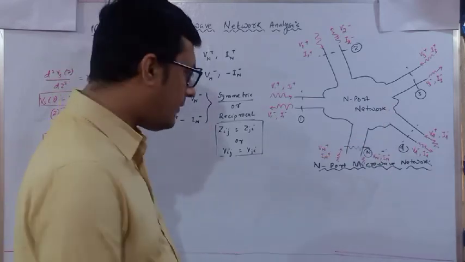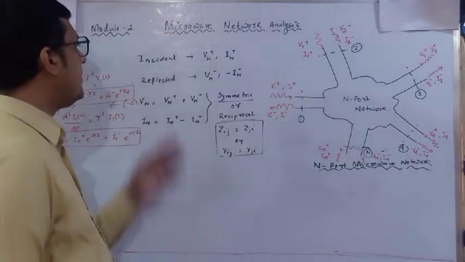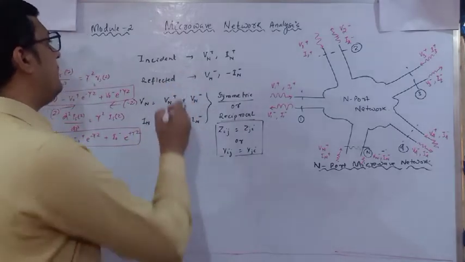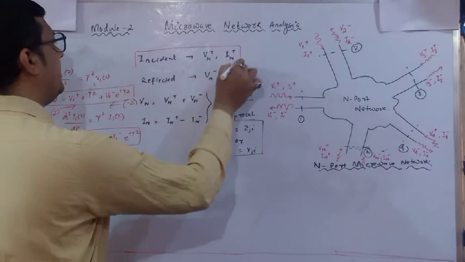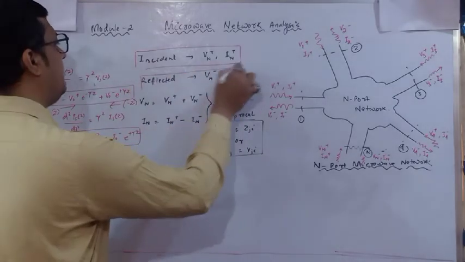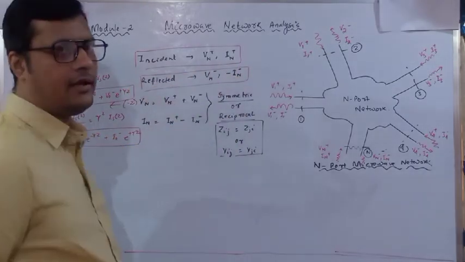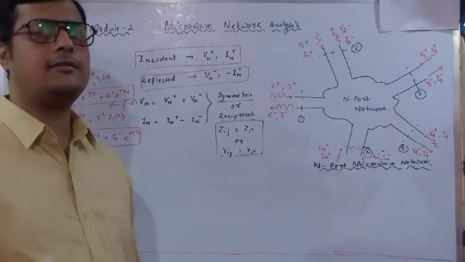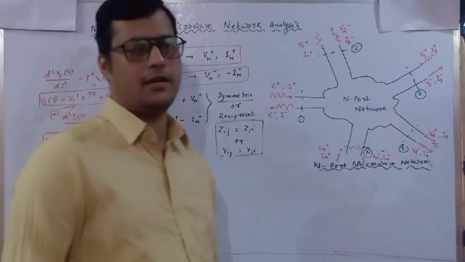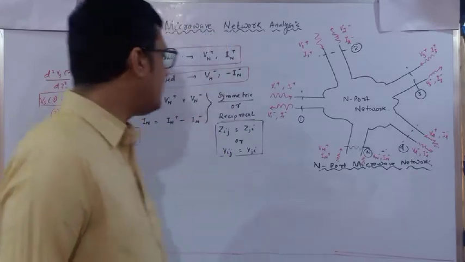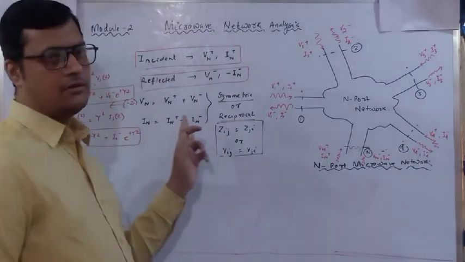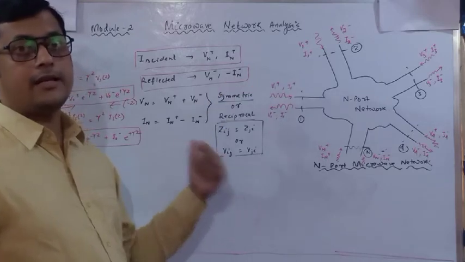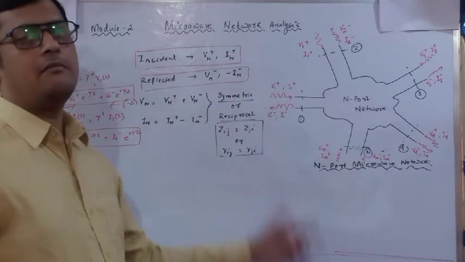How to represent the incident potential and incident current? The incident part is Vn⁺ and In⁺. The reflected is Vn⁻ and −In⁻. When we represent it in this form, the current is automatically called a negative current. So here I have represented Vn = Vn⁺ + Vn⁻, and In = In⁺ − In⁻.